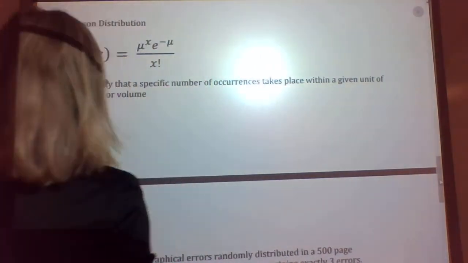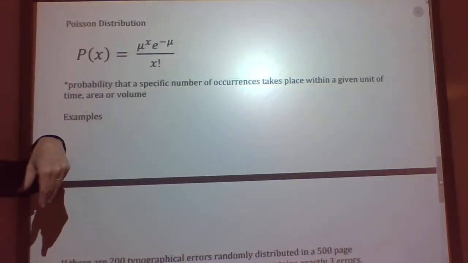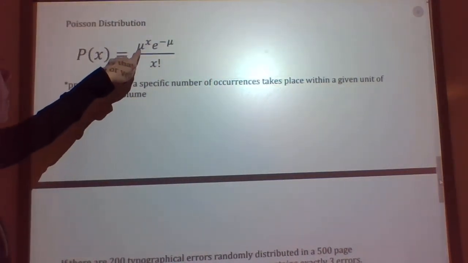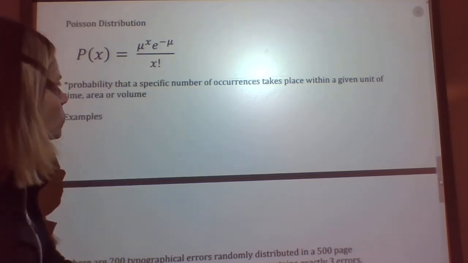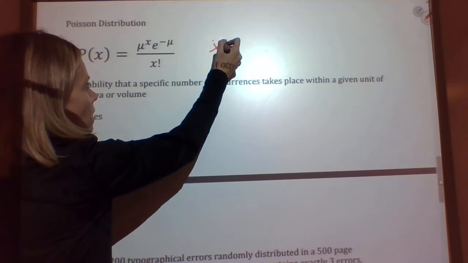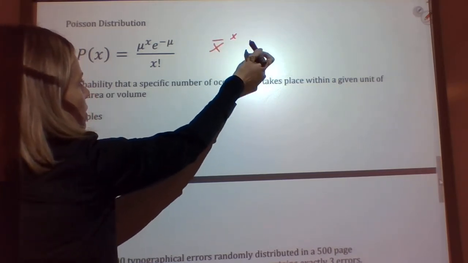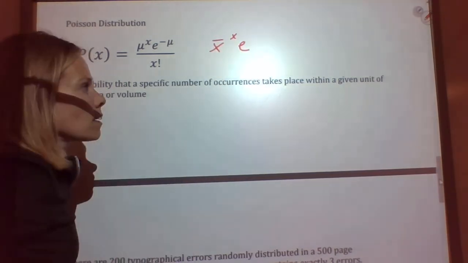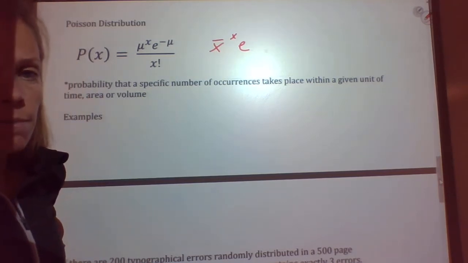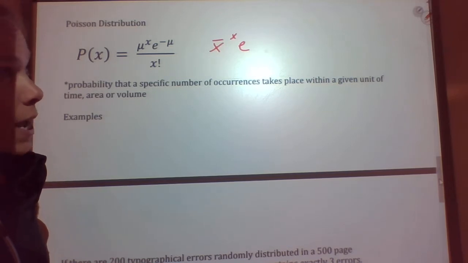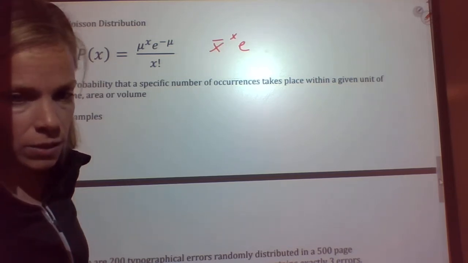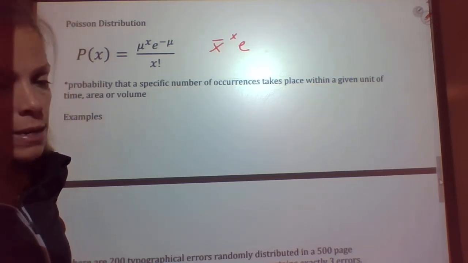Poisson distribution is kind of a bigger formula. Okay, this symbol here means average, right? So you could also look at it as like this, the average to the x value. E is a number on your calculator. Remember when you studied natural logs in Algebra 2, we also had an E. So if you look at your calculator, there should be an E button.